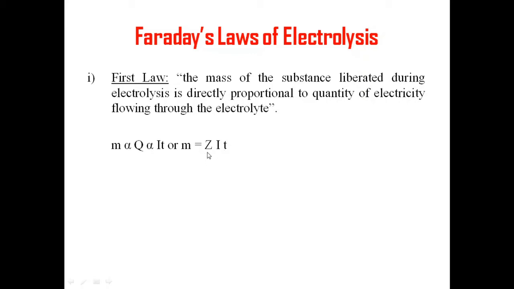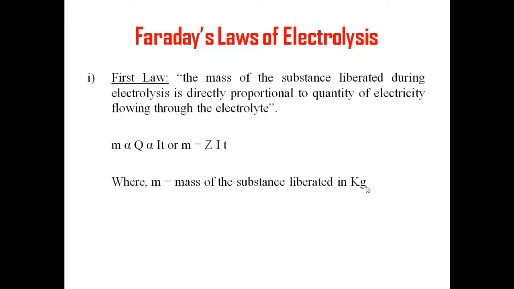Mass is proportional to I and T, that is current and time, because that is what we are giving as an input. But if you remove the proportionality symbol, then we can equate it as m = ZIT, where Z is a constant. Let me see what all these things are. Mass is the mass of the substance liberated by the electrolysis process, measured in kg.